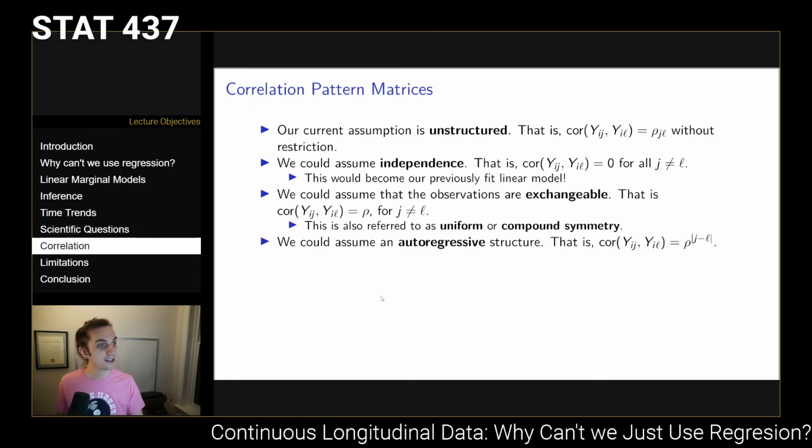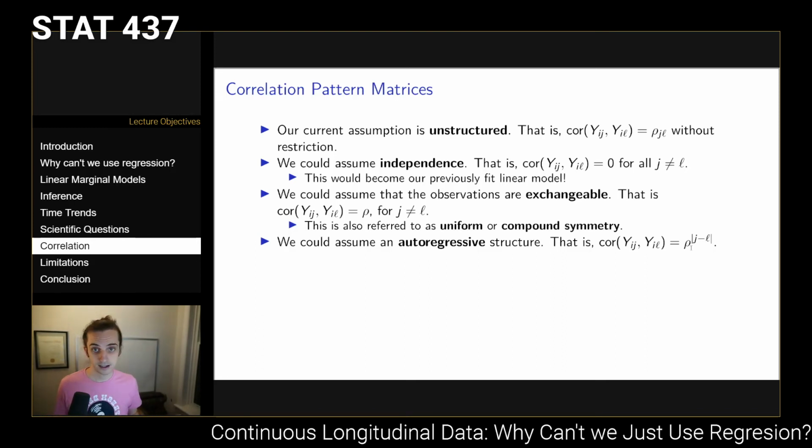So if we want to take advantage of the fact that we see these correlations decreasing over time, then we might be able to assume this autoregressive structure. So what we're going to do there is we're going to say that the correlation is going to be given by some constant rho parameter, but we're going to raise it to the power of j minus L, right?